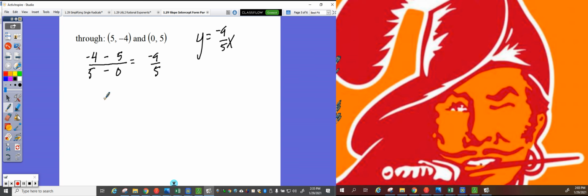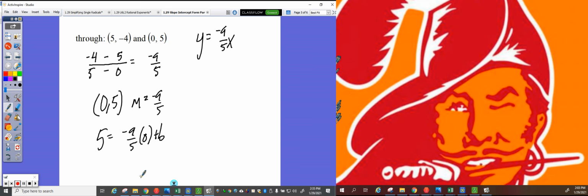So let's pick again 0, 5, because it's a 0, and 0 is always a nice number to work with. So we have 5 equals -9 over 5 times 0 plus b. Anything times 0 is 0. 0 plus b is b, so b equals 5.